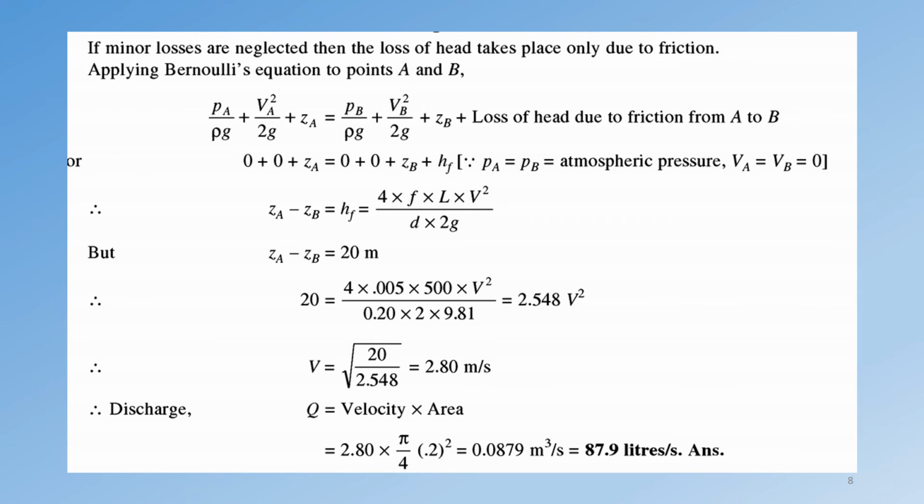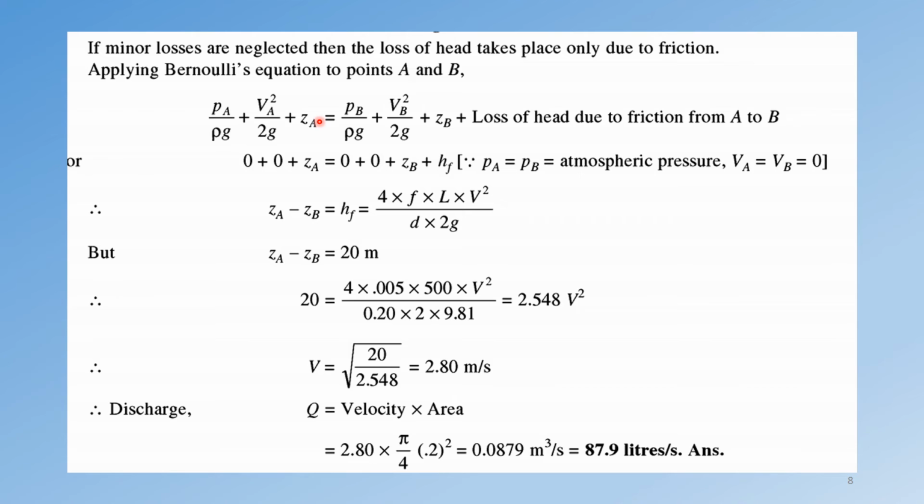How to solve this problem? In this problem, first part, we are asked to find out the discharge. As in all Bernoulli's equation problems, we apply Bernoulli's equation between point A and B, that is between the two reservoirs.